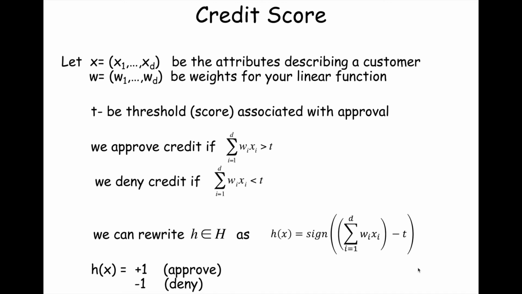If we do that, we have the sum i goes from 1 to D, wi xi minus T is greater than 0. So now we have an expression that says, is this quantity, the weighted sum minus the threshold, positive? Is it greater than 0?